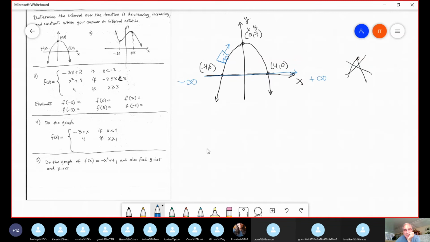Some students ask me, Professor, but what does this arrow mean? This arrow does not indicate the direction of the motion. The only thing it indicates is that this parabola continues forever in this direction. But I have limited space on my paper, so I indicate it using this arrow. The motion is always from left to right, on the curve.